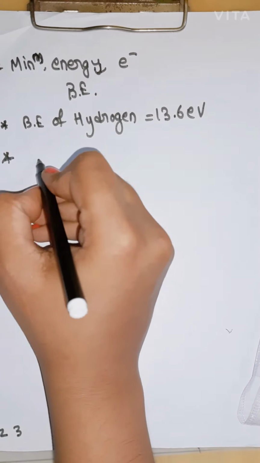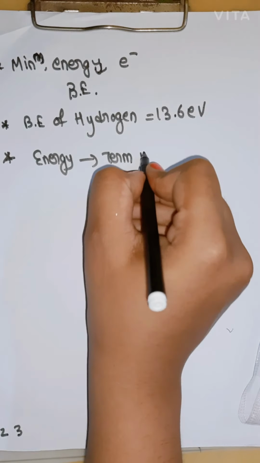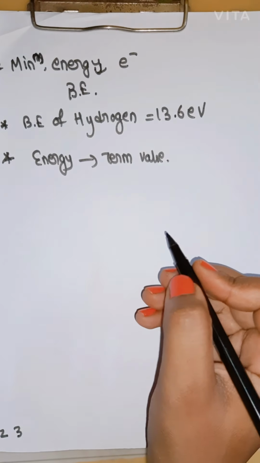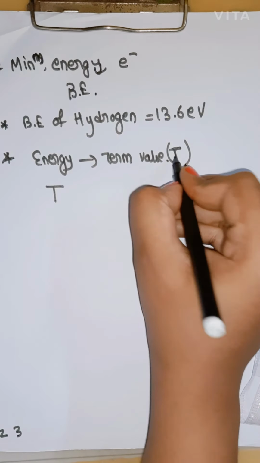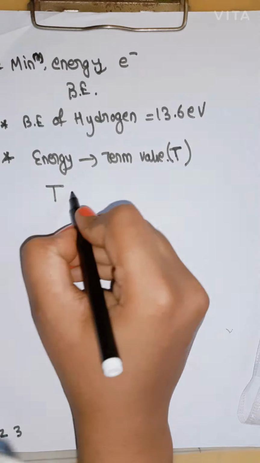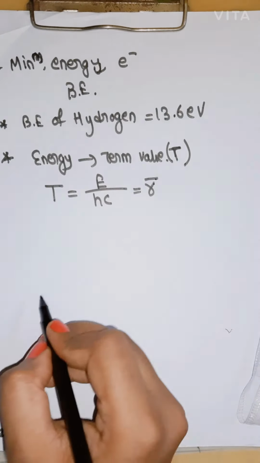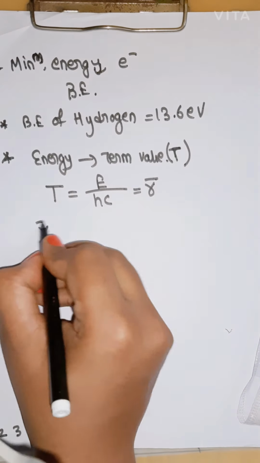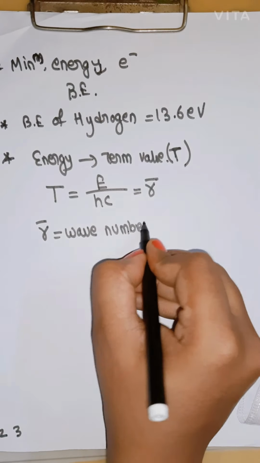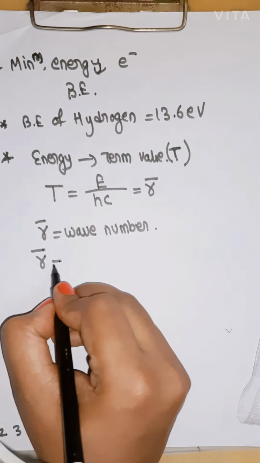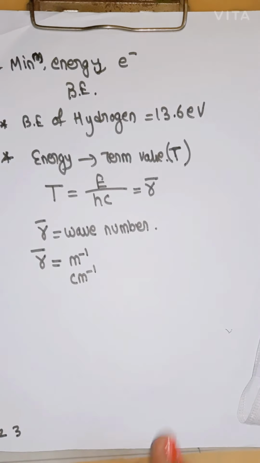Sometimes energy is expressed in terms of term value, denoted by capital T. We will have E by hc, which is equal to nu bar, where nu bar is known as the wave number. The unit of nu bar will be meter inverse or centimeter inverse.